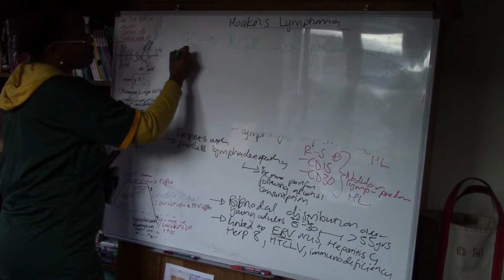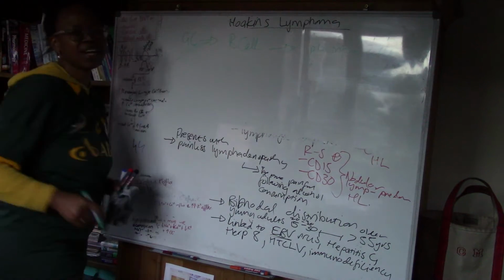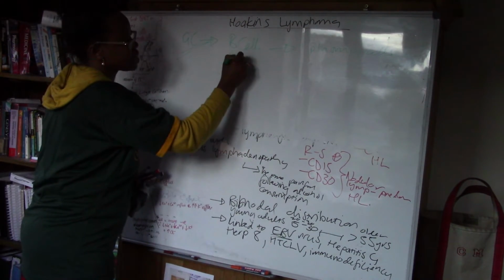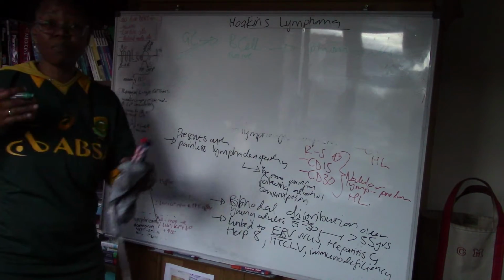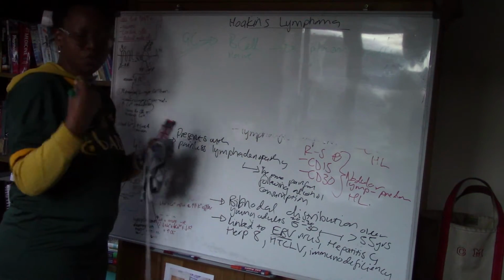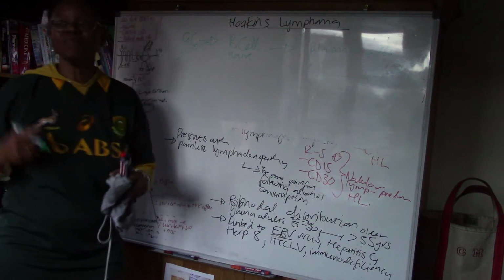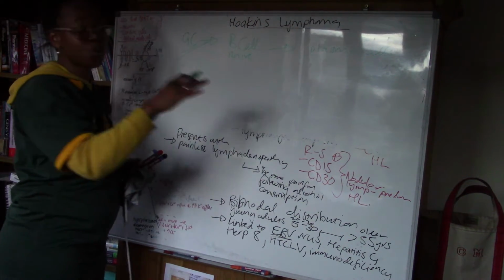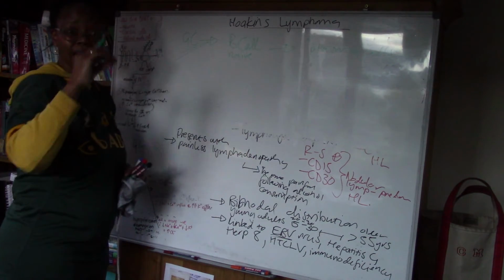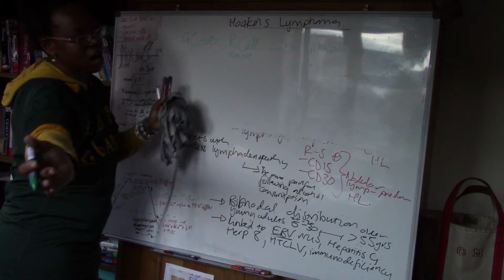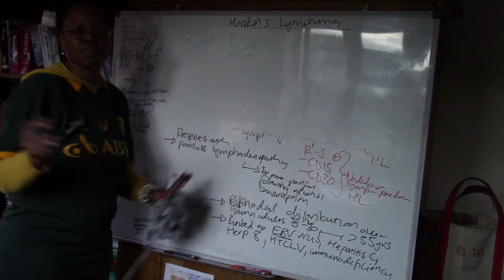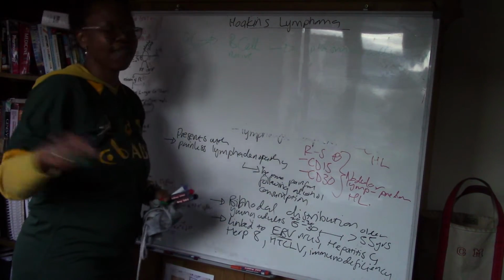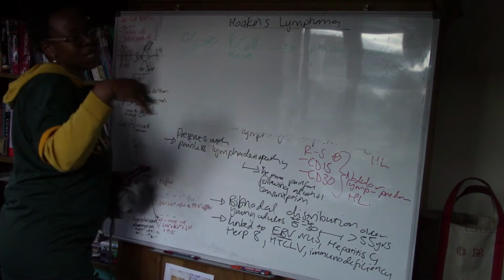However, in that germinal center, as the naive B cell is undergoing somatic hypermutation and rearrangement in order to mature, because obviously they all have IgM and IgD, they have to make all the other immunoglobulins.